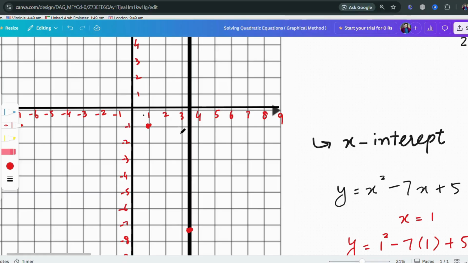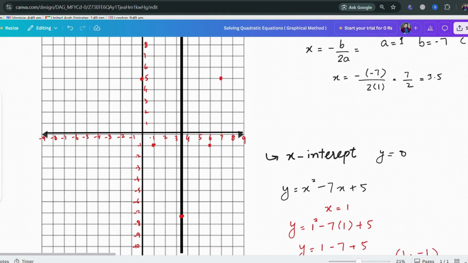And the next point should be like 2.5 points away, so half and somewhere like this point. Understood? So this is what the rough points that I've got. Now I'm going to sketch my graph accordingly, somewhere like this way.